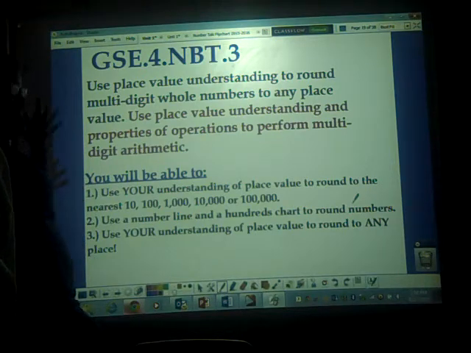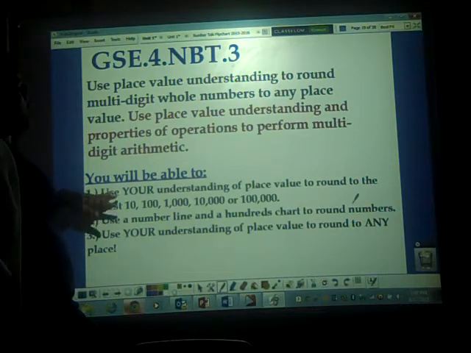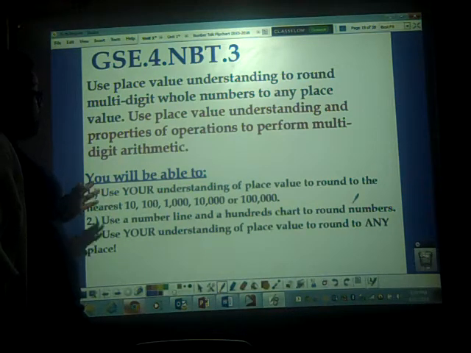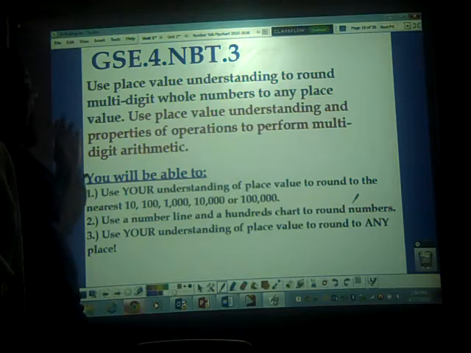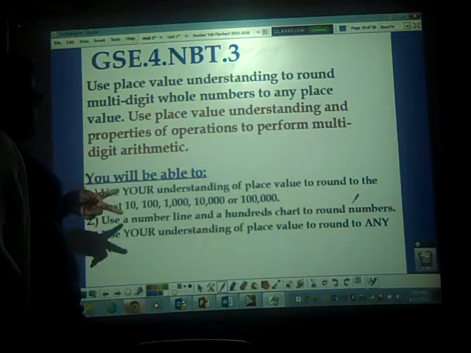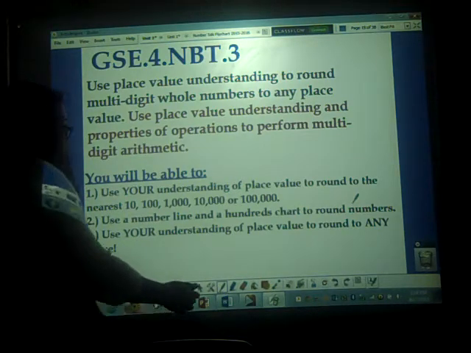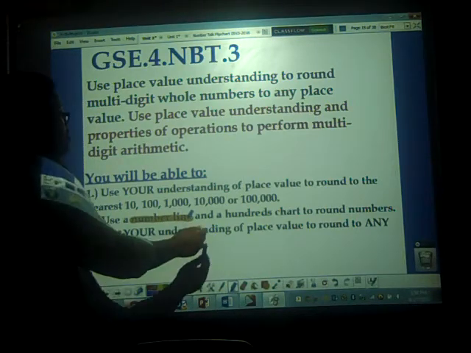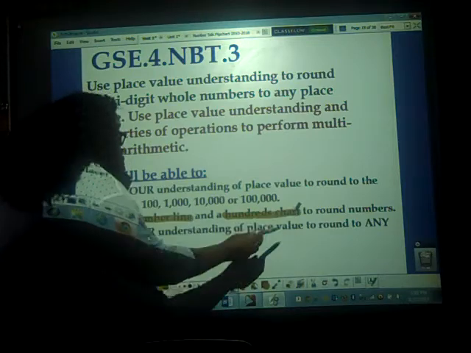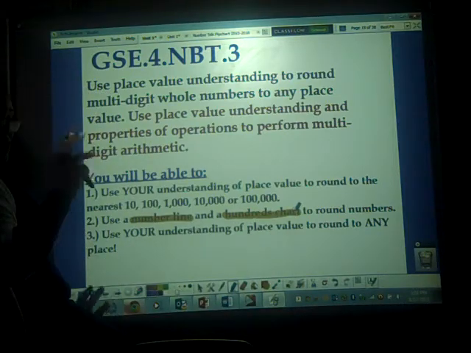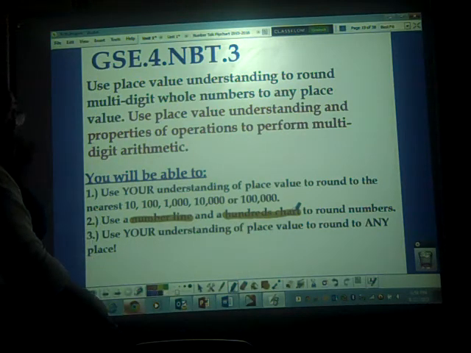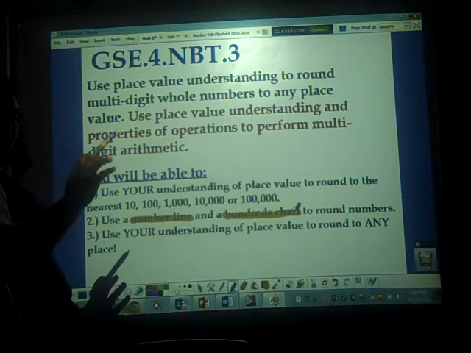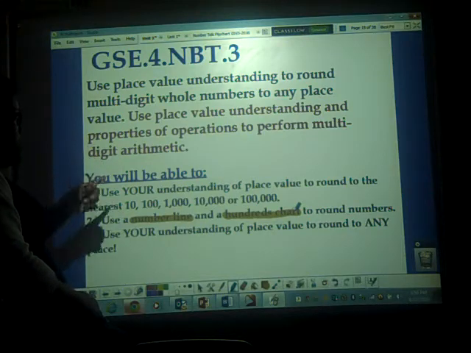You will be able to, at the end of this video, one, use your understanding of place value to round to the nearest 10, 100, 1,000, 10,000, or 100,000. Two, use a number line, which is a strategy that we will use, and a hundreds chart to round numbers. And three, you're going to use your understanding of place value to round to any place, using one of these strategies.